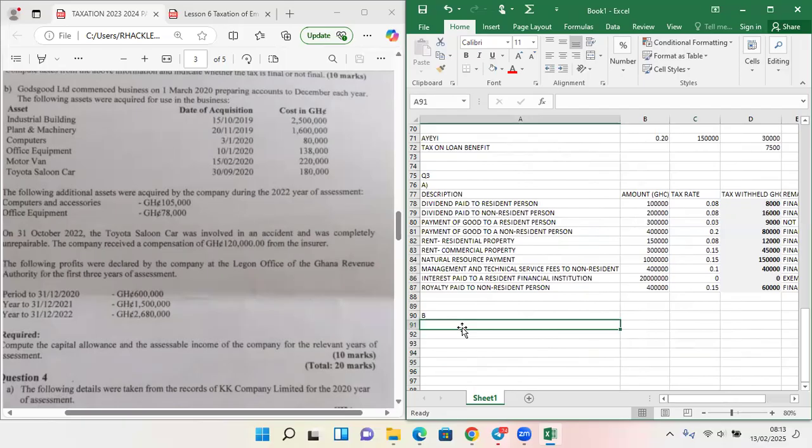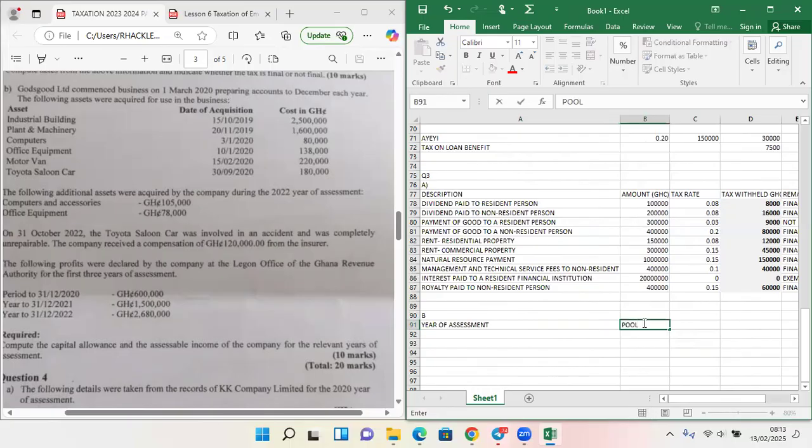First we'll have the year of assessment. Then we will have the pools.